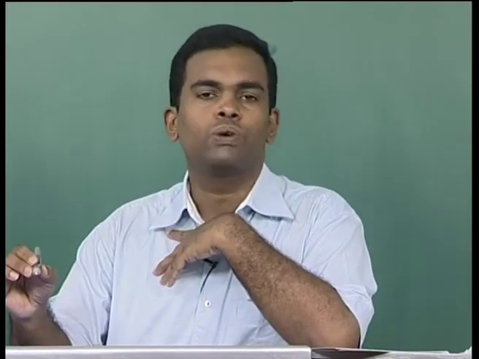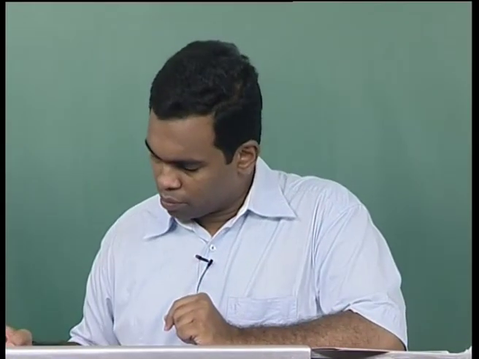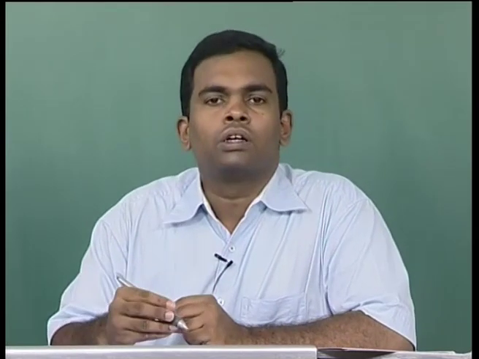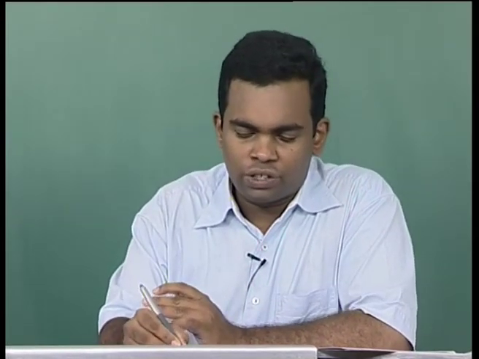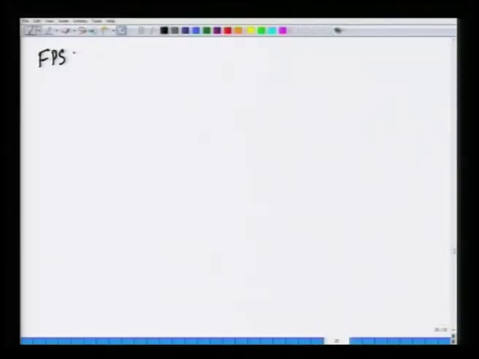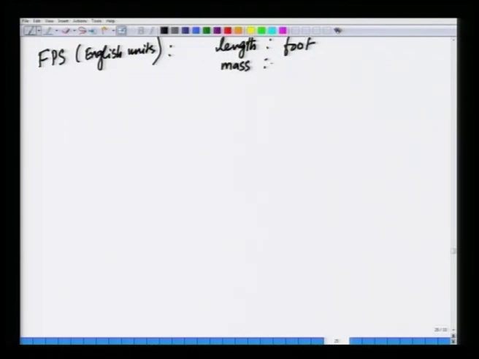So, in this course we will be using SI units, but traditionally in Britain and North America, the FPS system is used, which is also called the English units. So, here length is measured using a foot or feet, and mass in pounds.